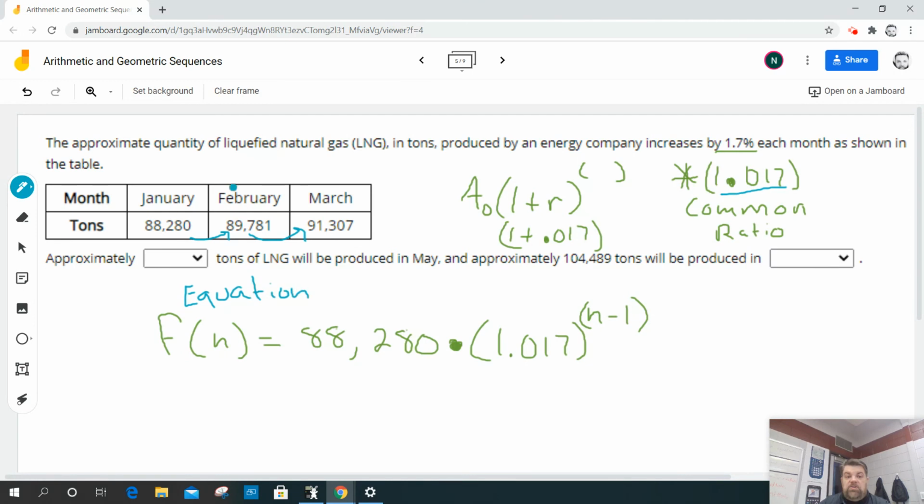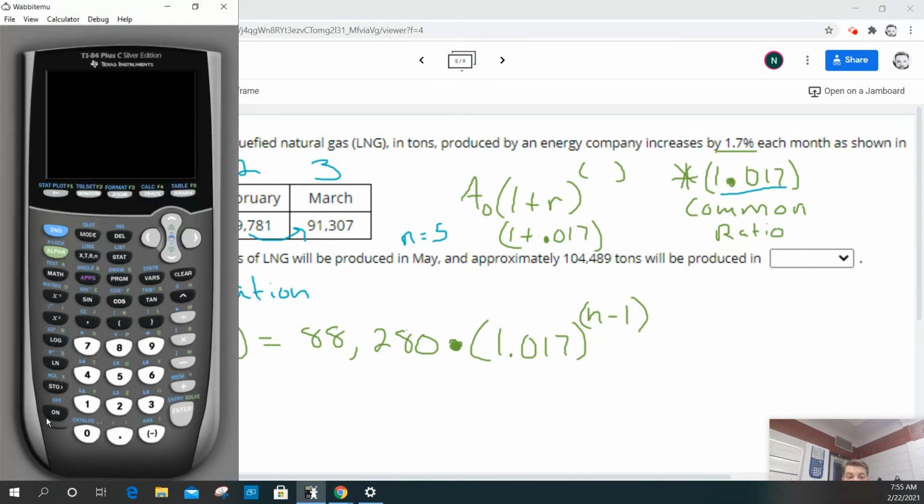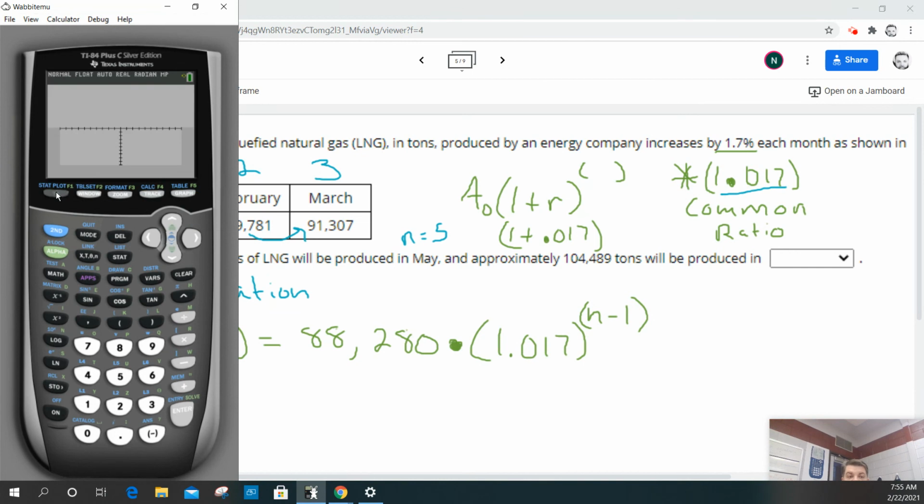I can do some things. So I'm going to let January be the first month, February be the second month, and so on and so forth. So May is the 5th month, right? Because April's the 4th month. So what I'm going to do is plug this into my handy dandy graphing calculator.